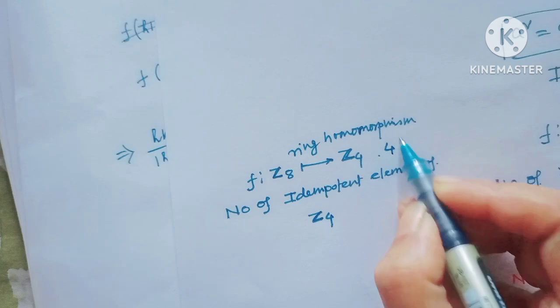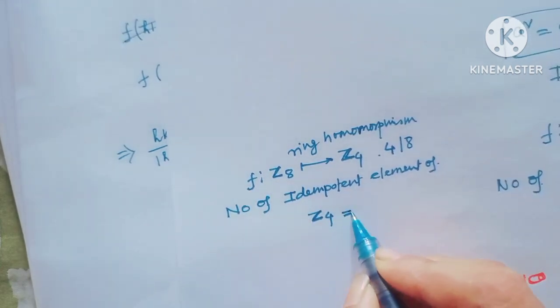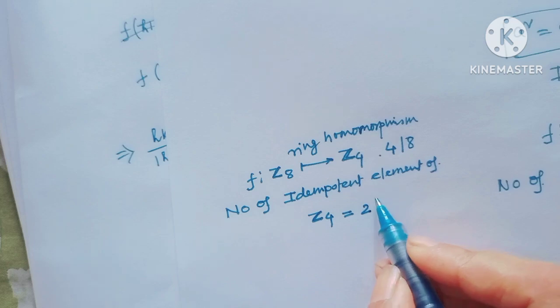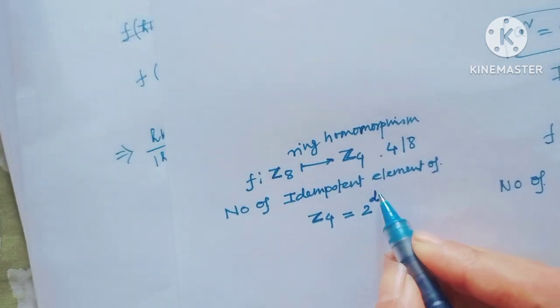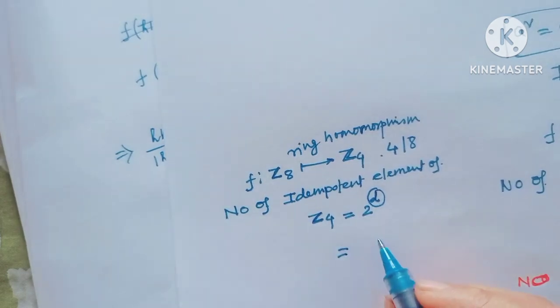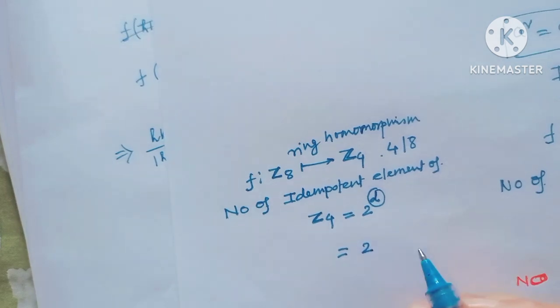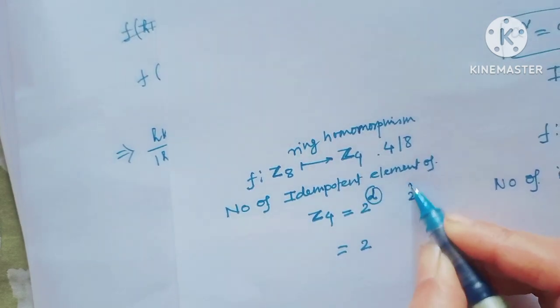And notice here 4 divides 8. The number of idempotent elements of Z4 is 2 to the power of the number of prime divisors of Z4, which is denoted as d, and 4 means 2 squared.